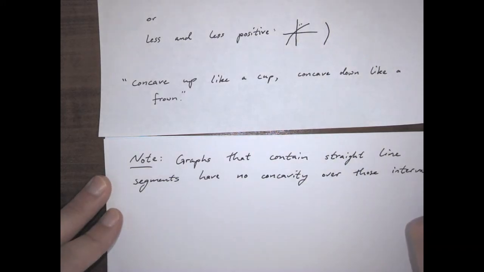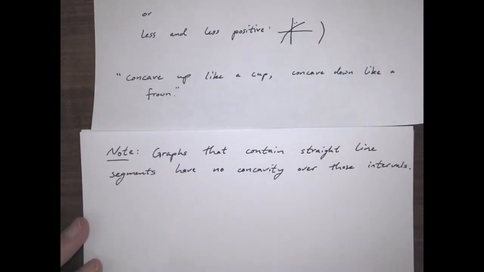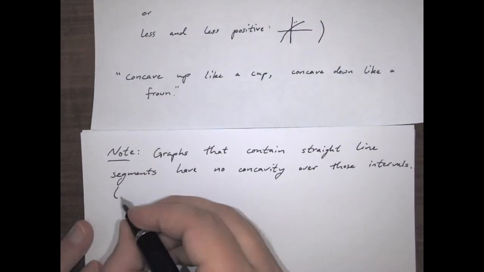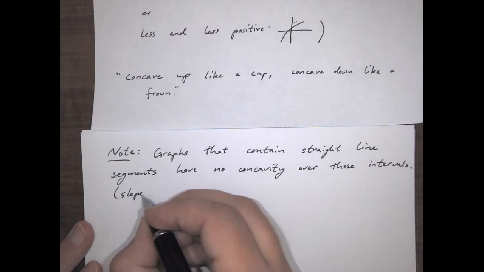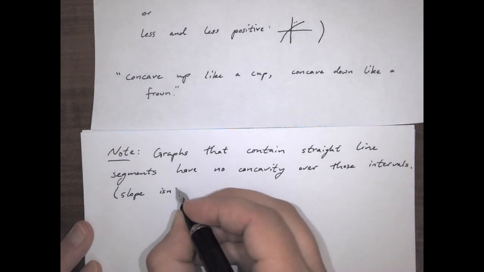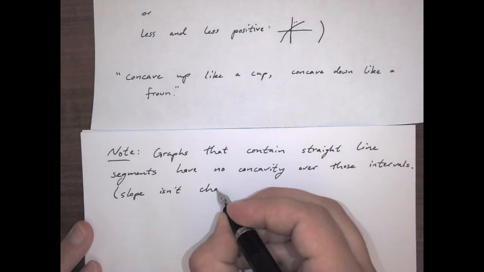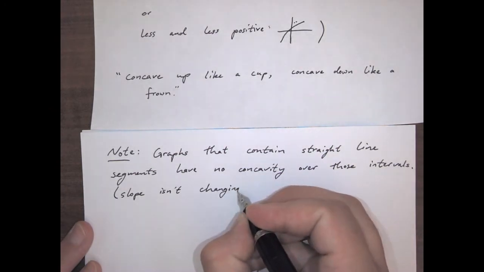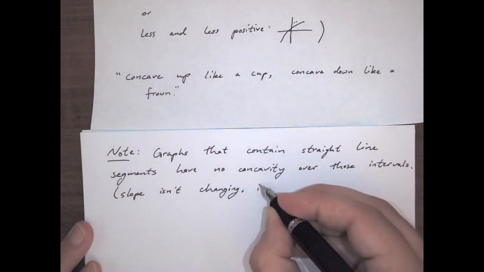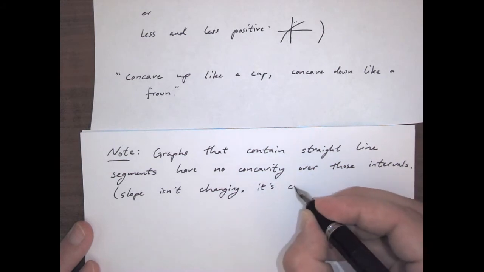And the reason is that the slope is not actually changing, it's holding steady. So slope isn't changing, it's constant.